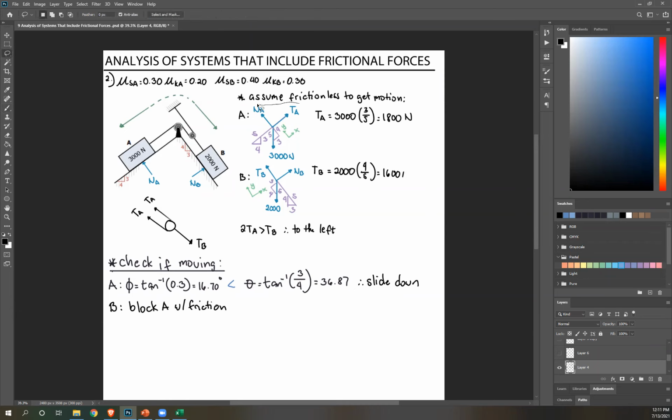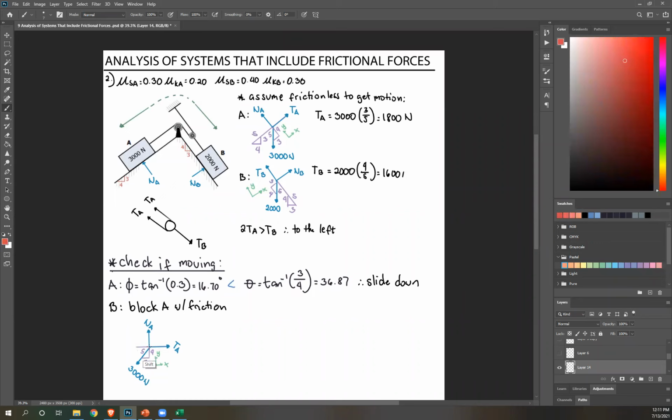So I'm just going to copy this since the free body diagram is generally the same, right? The only difference is there's now friction. Also, I'm going to rotate this. And again, we have friction here.